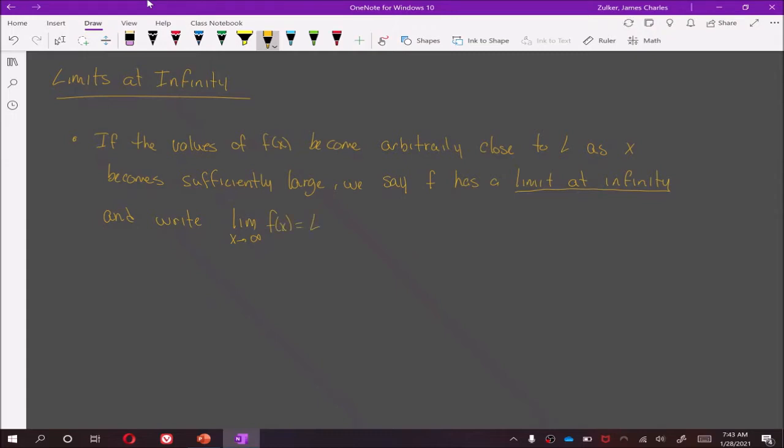Read: the limit of f of x as x approaches infinity is equal to L.